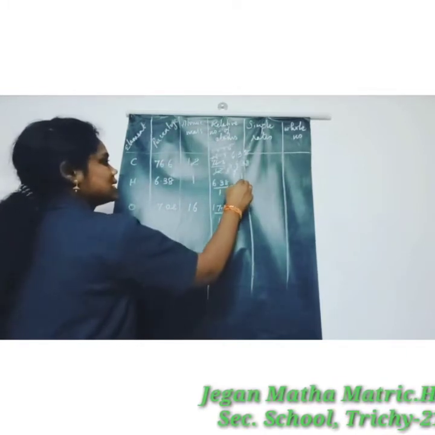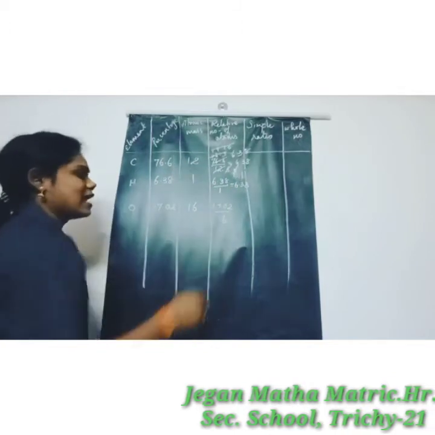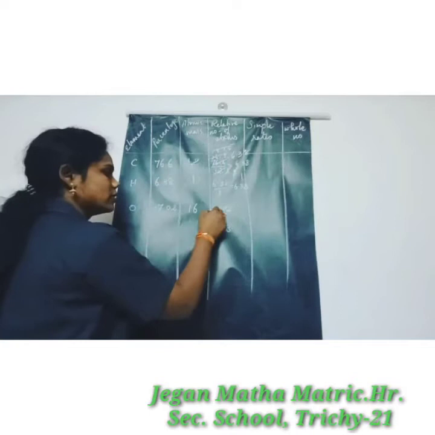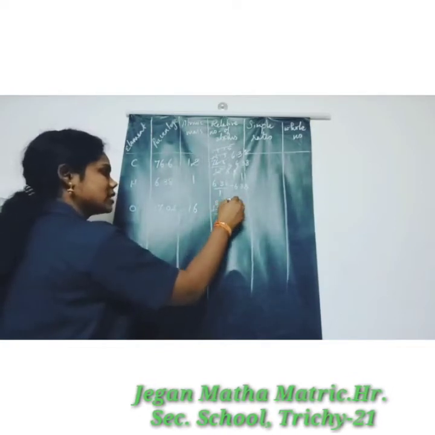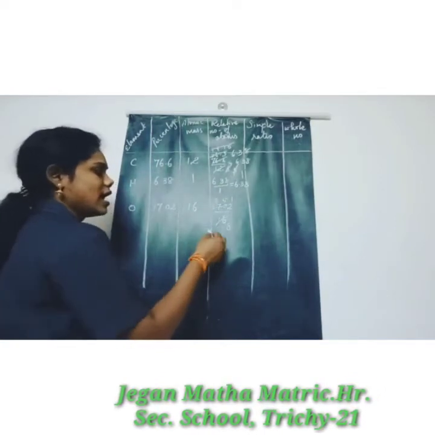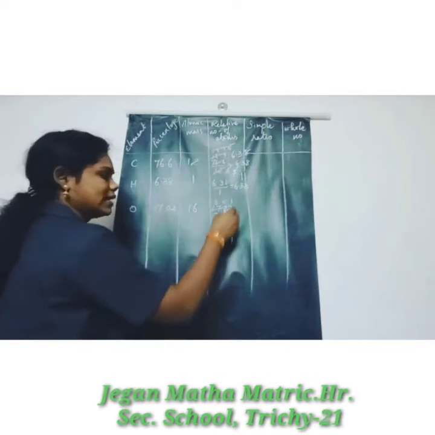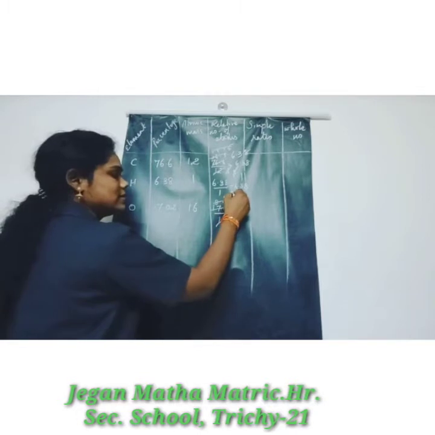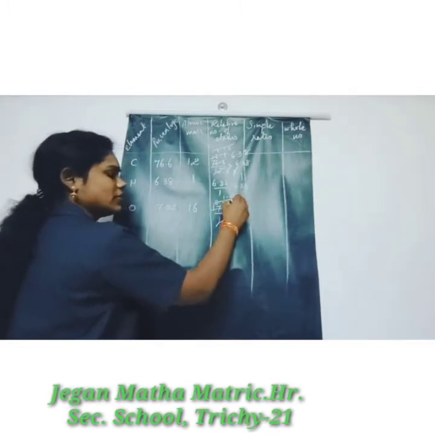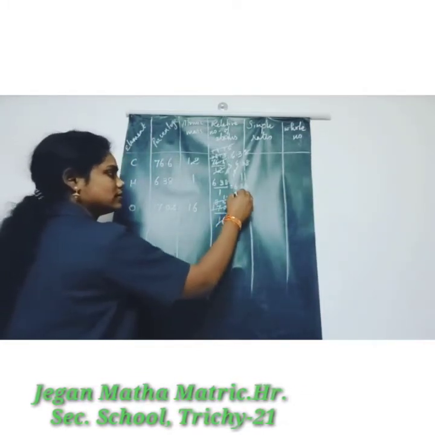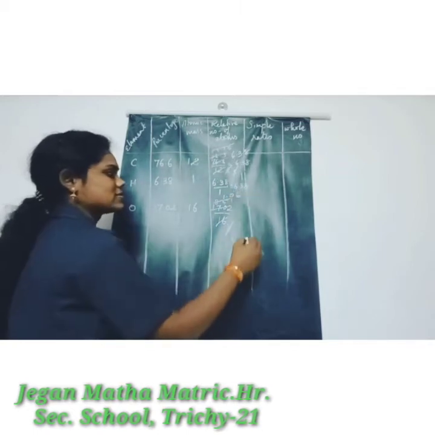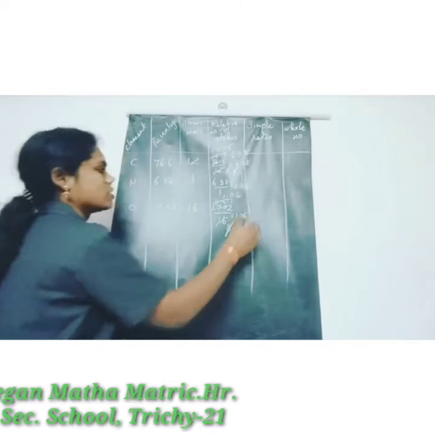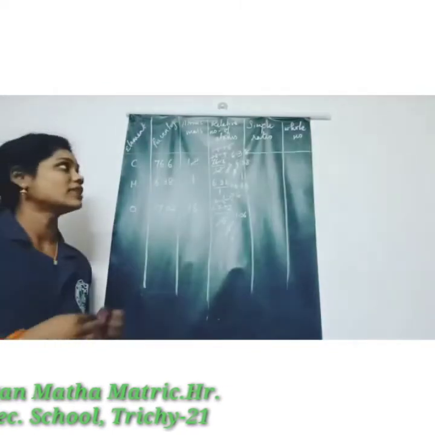For hydrogen, 6.38 divided by 1 is 6.38. For oxygen, 17.02 divided by 16 is 1.06. So these are the relative numbers of atoms.